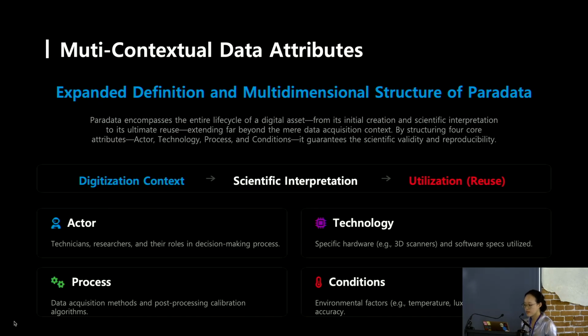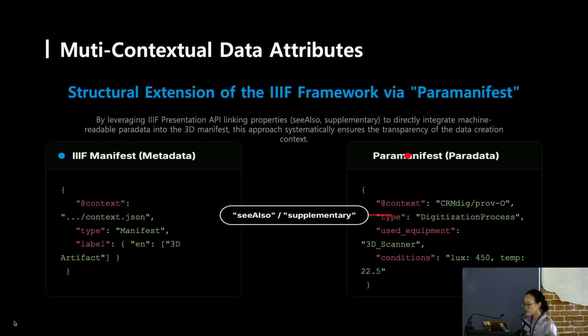This involves mapping interpretive elements, like how people digitally recover parts of the original object when they digitize it. Under this result, we tried to answer the question: how can we use this paradata model in IIIF?